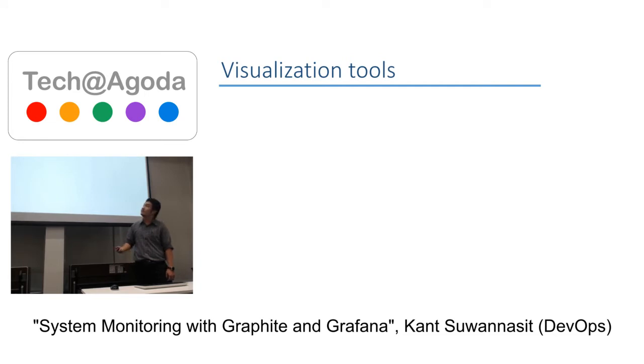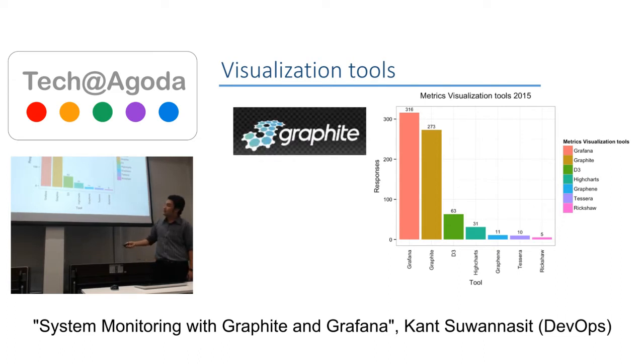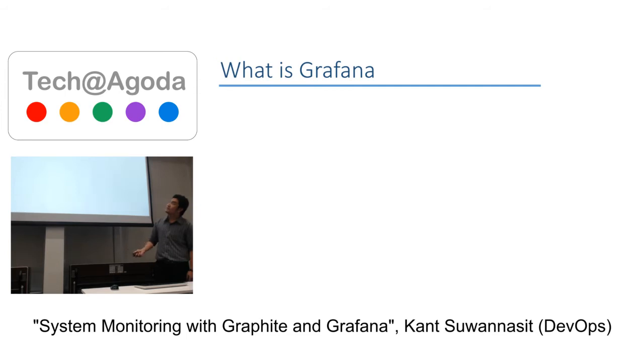So next is the visualization tools. As you see in the trend, Grafana is now the most used visualization tool in the world. Graphite itself can be a visualization tool, but it's not as good as Grafana. So what is Grafana?